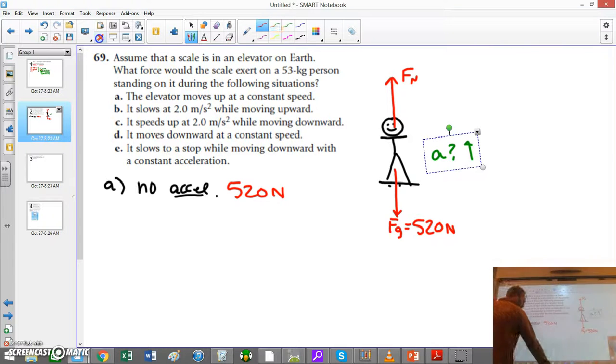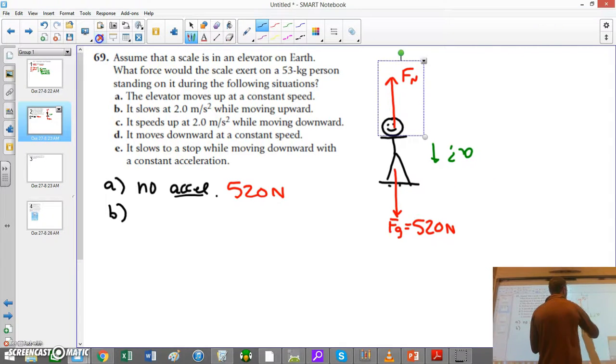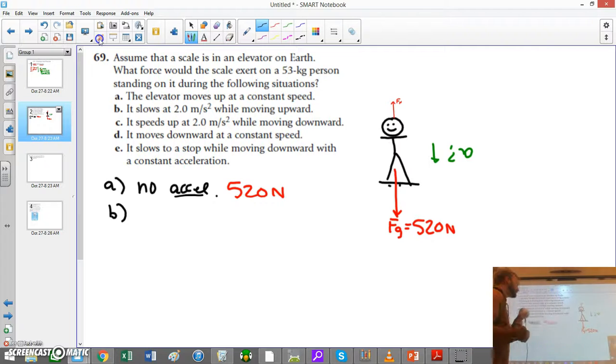Part B, it slows while moving up. When you're slowing down while moving up, that means your acceleration is in this direction, which also means my normal force is a lot smaller than that. So I'm slowing at 2 meters per second squared. I'm going to use my equation again.